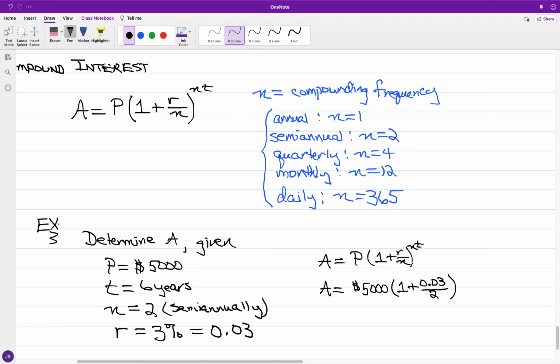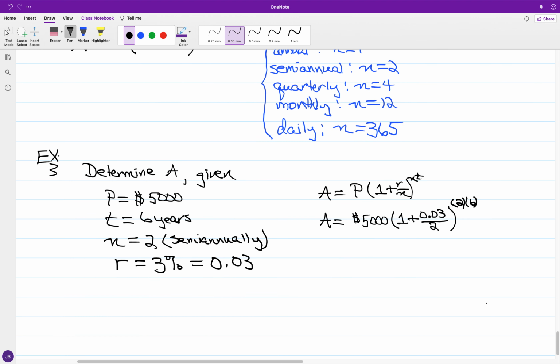For the N times T exponent, you're multiplying 2 and 6. Looking at what we have now, you have $5,000, and 0.03 over 2 is 0.015, adding to 1. So you have 5,000 times 1.015 to the 12th power.